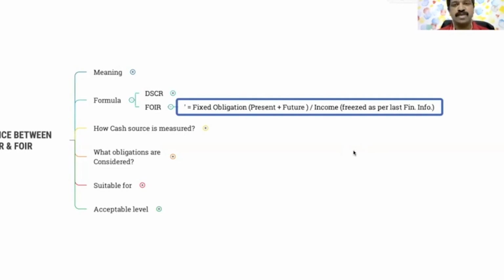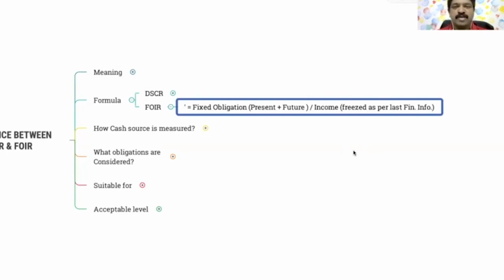This fixed obligation is basically the summation of EMI, which includes interest and principal. So you should factor both the present running outstanding loan commitments as well as the proposed loan commitments. That goes to the numerator. Whereas in the denominator, it is income. When we say income, this is cash profit.